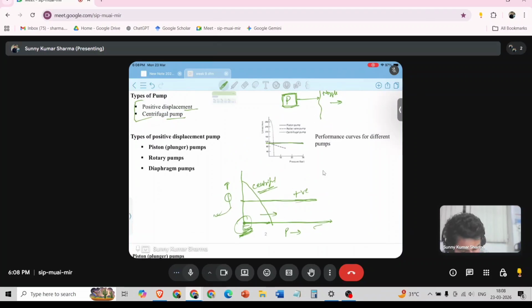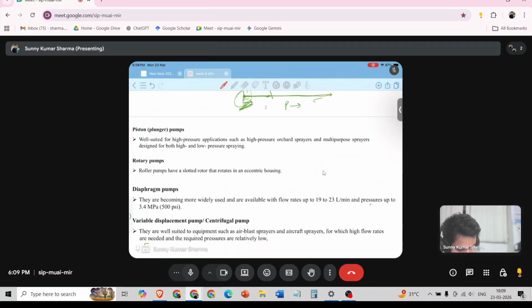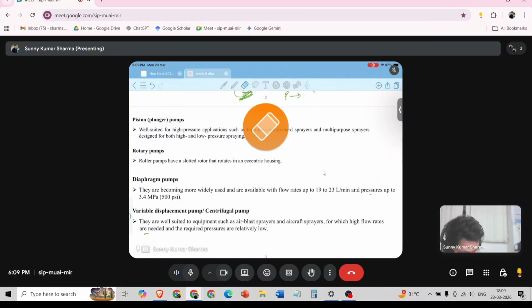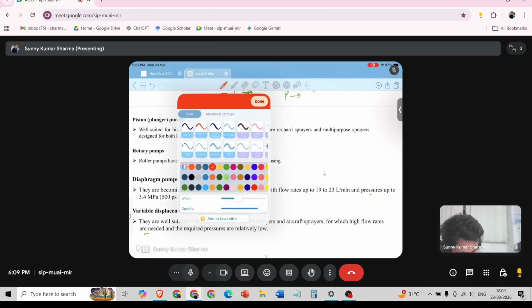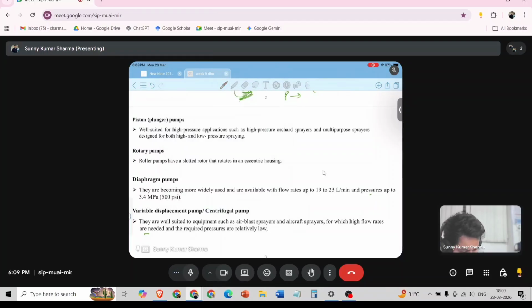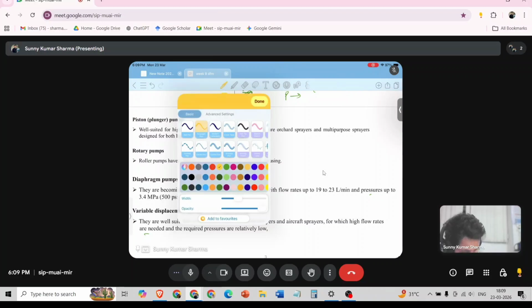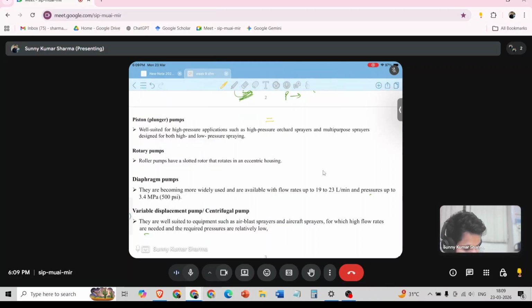Next, the positive displacement pump is mainly of three types. First is piston pump, second is rotary pump, and third is diaphragm pump. In detail, we will discuss all three pumps and the centrifugal pump also. A piston pump is generally designed like the piston we have all seen.